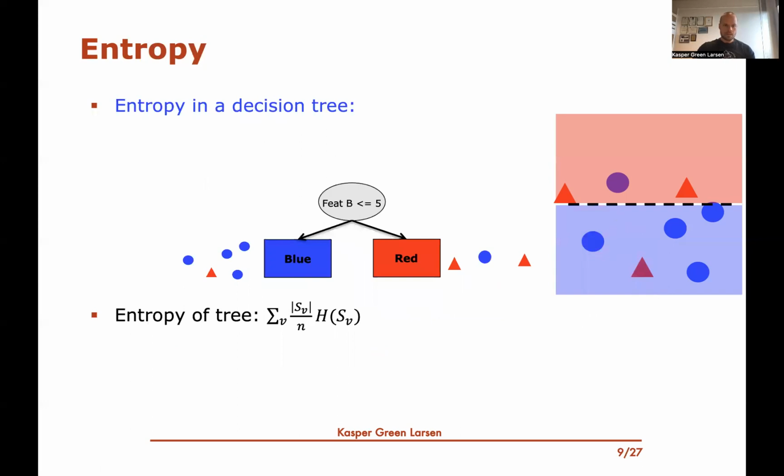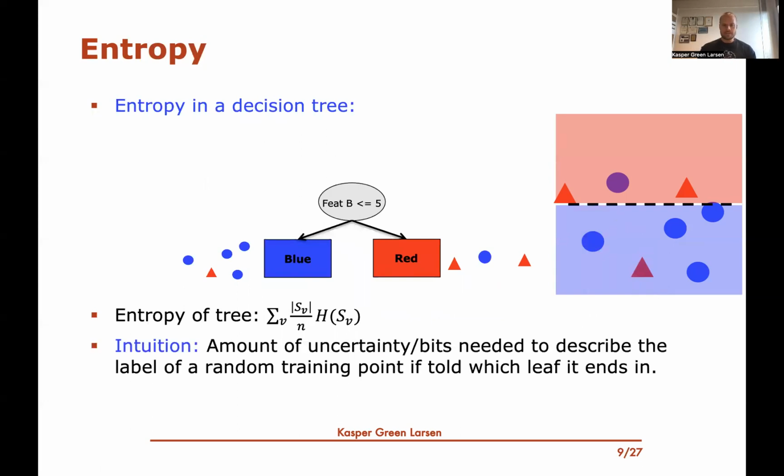Okay. So that's the entropy of a tree. And if you want some intuition for why we weigh it with the size of each of these leaves, one can think of this formula as measuring, in some sense, the number of bits that you would need to describe the label of a random training point if I tell you which leaf it ends in. So basically, if I give you a random point, the chance that it ends up in this leaf is proportional to the number of training examples over n in this leaf. And if it ends here, you had to pay this entropy to describe it.